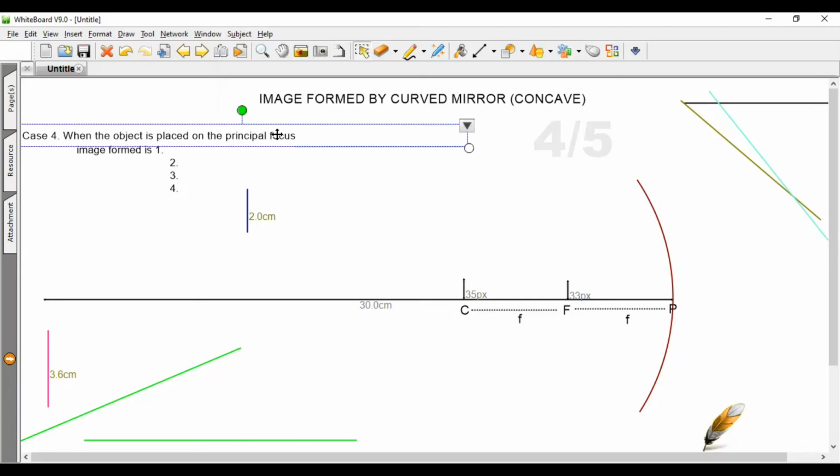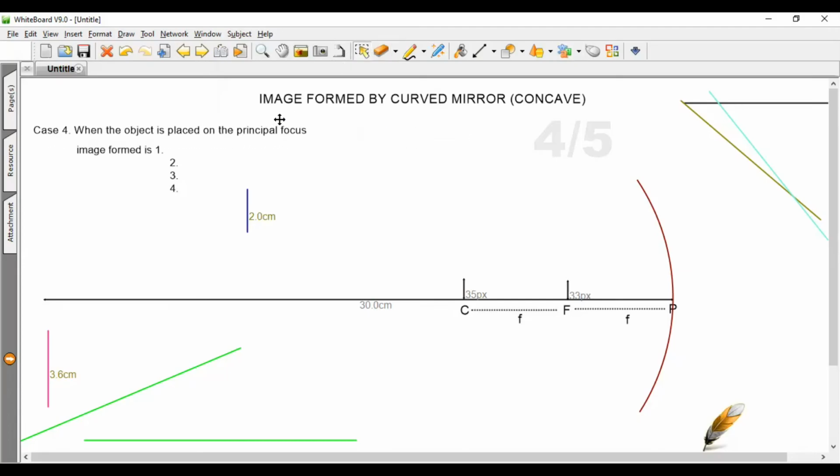When you place your object on the principal focus, what are you expecting, or what should you be expecting? Now let's place our object on the principal focus. Now this is our object on the principal focus. So we know what will happen.